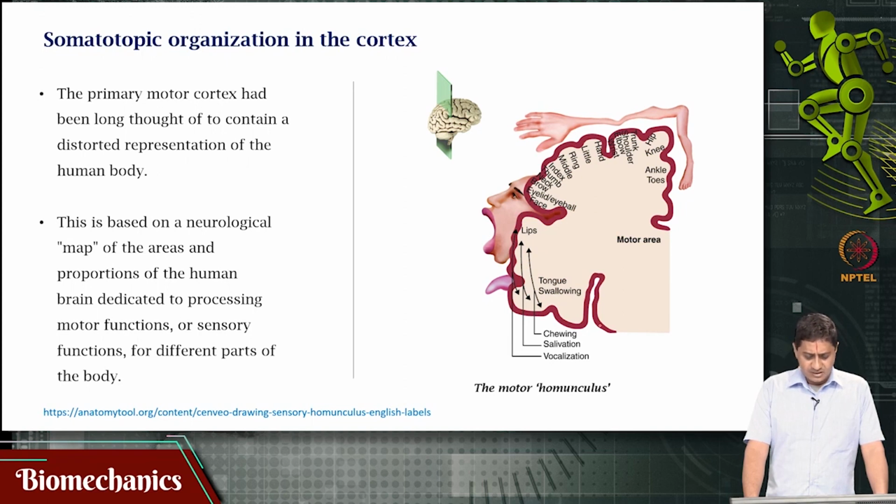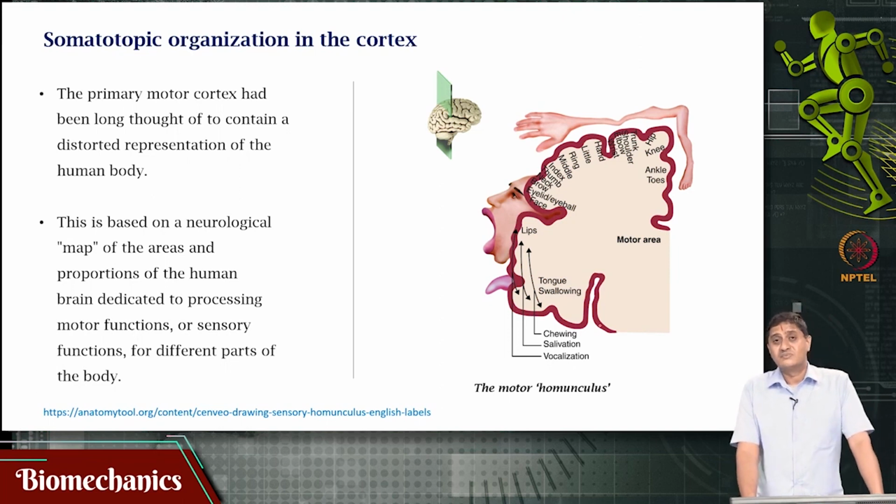In the 1930s, an experiment was performed on epilepsy patients, or patients who undergo surgery, where different regions of the motor cortex were stimulated and which part of the body responded to that stimulation was recorded.